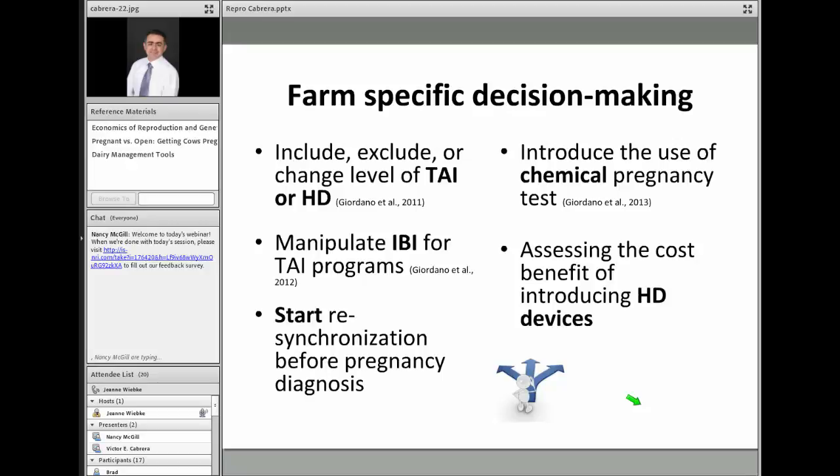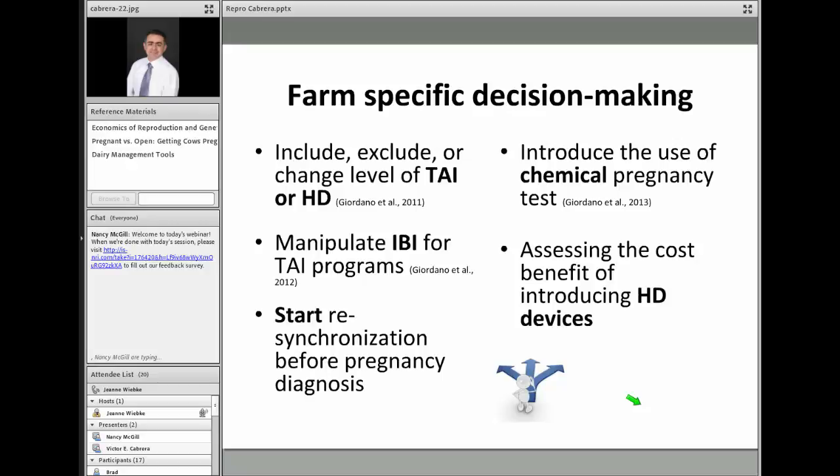Is, should I use more heat detection? Should I get rid of heat detection? Should I not do any time AI? There is like a new trend, for example, on doing more heat detection. This tool, depending on your own conditions, on your own data, can give you good advice, good recommendation on what would be the best situation for your own farm.